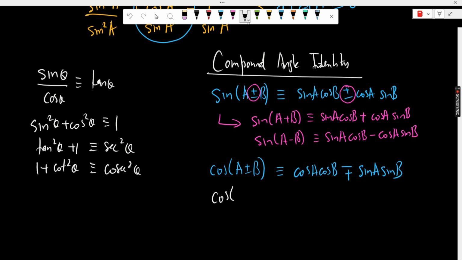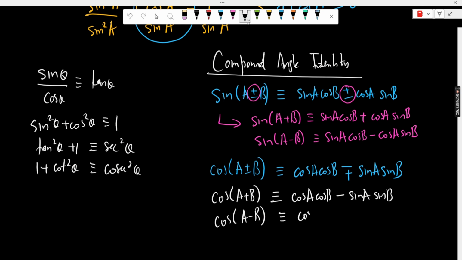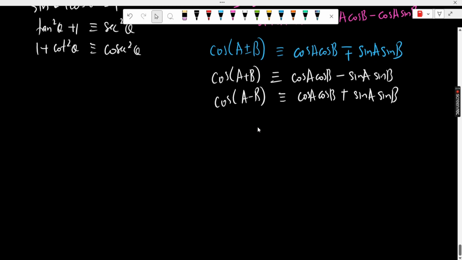So we can write that cos of A plus B is equivalent to cos A cos B minus sine A sine B. And similarly, cos of A minus B is equivalent to cos A cos B plus sine A sine B, right? So those are two of the three compound angle identities that we need to use.